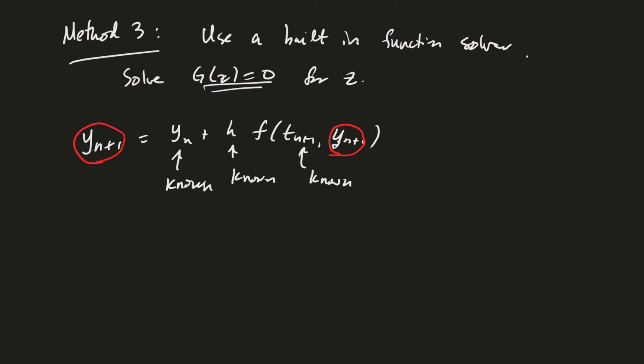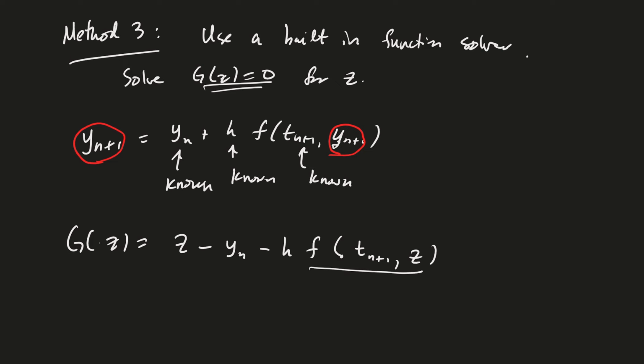And so my g of z that I would form would just be z minus y sub n minus h times f of t sub n plus 1 comma z. Right, so I would have to know what this is in order to plug that in. Algebraically, I would need to know what that is. Okay, and then you just set that equal to 0 and solve somehow using some numerical solver.